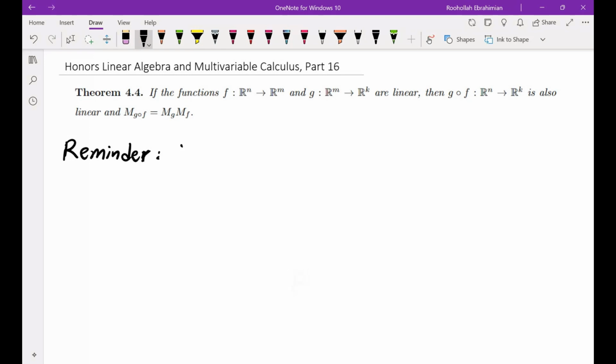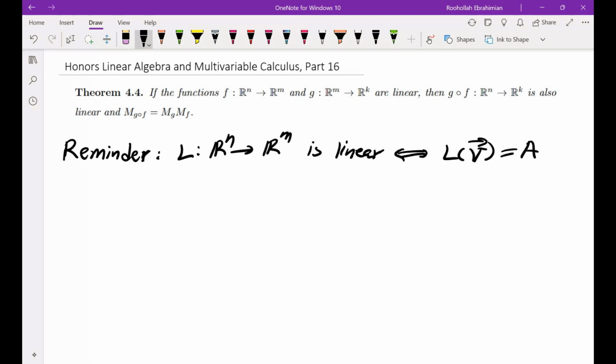The reminder is that if you have L from Rn to Rm, and that is linear, then that tells you that L of V is equal to a matrix A times V, and we showed that A is unique, and not only is it unique, but also we know exactly what A is going to look like.